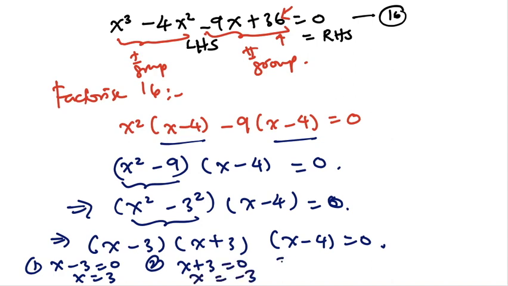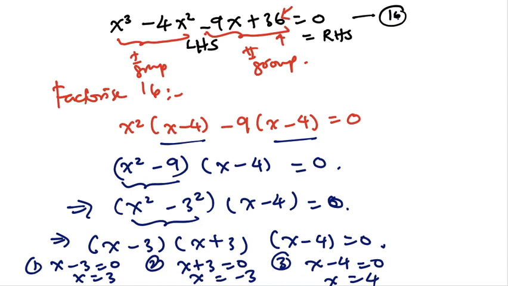And the third root can be found from here, so x equals 4. So we have 3 different roots for expression 16: x equals 3, x equals minus 3, and x equals 4. Now, you can recheck by putting all of these in to see whether you get the same expression as 16.